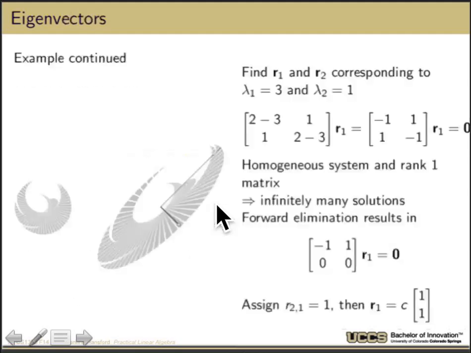Let's go all the way back to the figure here. If we look at this, we'll see that this vector, [1, 1], is the connection between the center and the tip of the wing up here. It didn't move. And if I look down here at [1, -1], this direction here, we'll see that that one didn't move.